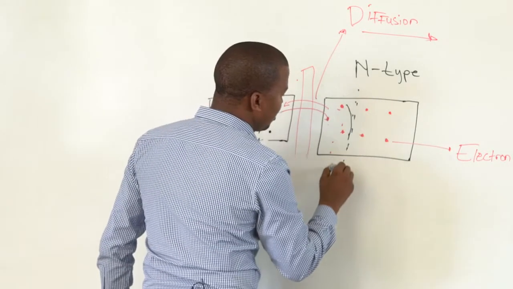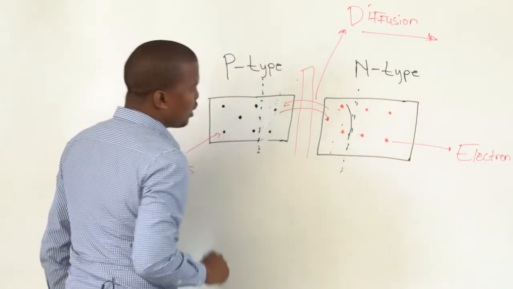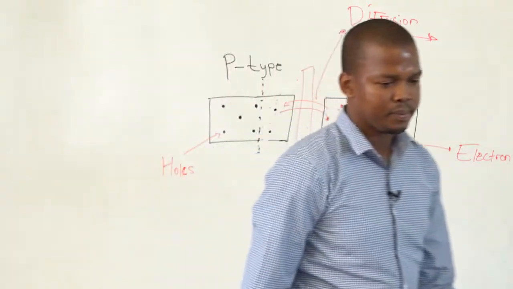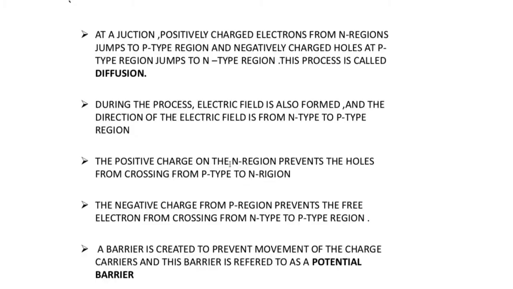A layer will be created here. The positive charge on the N region prevents the holes from crossing from P-type to N-type. The negative charge from P region prevents the electrons from crossing from N-type to P region.